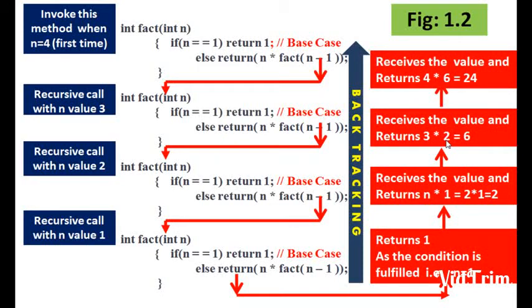Fact 3 returns 3 into return value, that is 3 into 2 is equal to 6, to fact 4. So fact 4 finally returns 4 into return value, that is 4 into 6 is equal to 24. Here the program terminates.